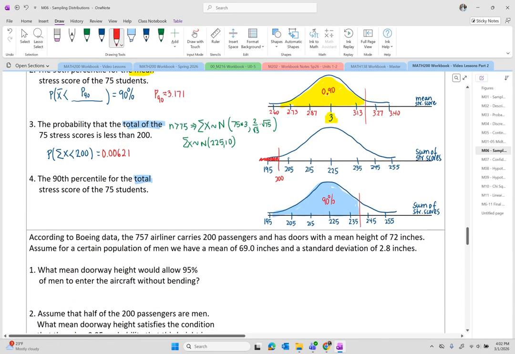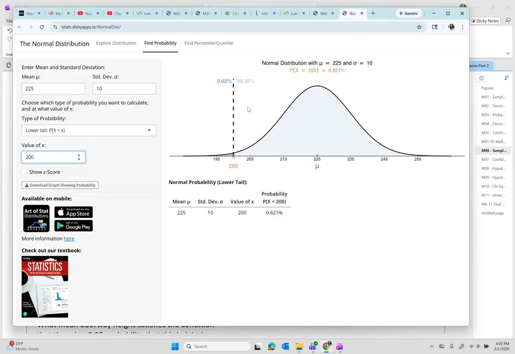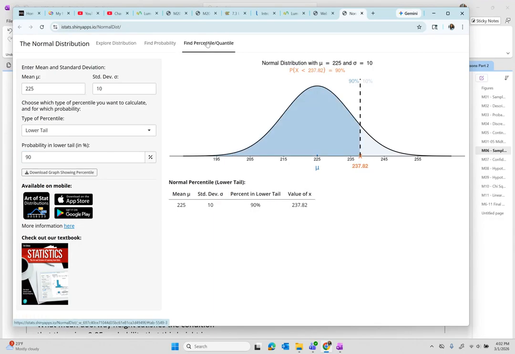They are asking me the probability that the sum of x being less than this value that I'm trying to find, which is the 90th percentile, will be equal to 0.9 or 90%. And I'm going to do that again in Art of Stat. So under Find Percentile Quantile, the mean is 225, the standard deviation is 10. I'm looking for the lower tail, 90% probability, and the answer for the sum will be 237.82.